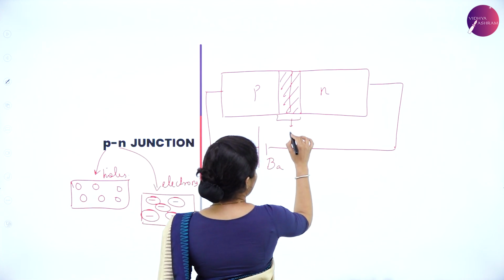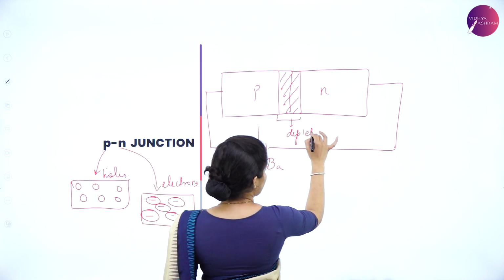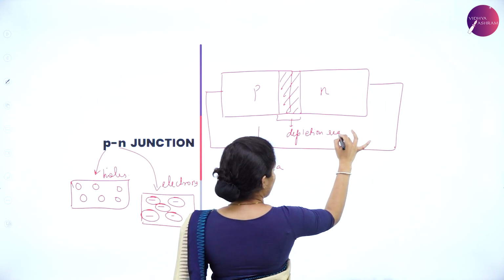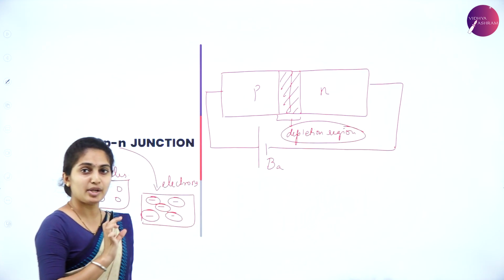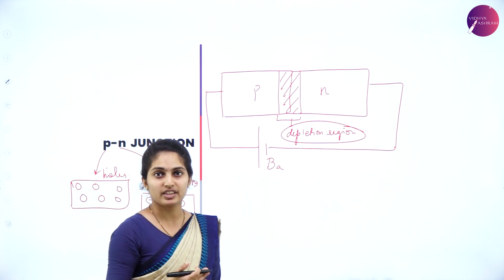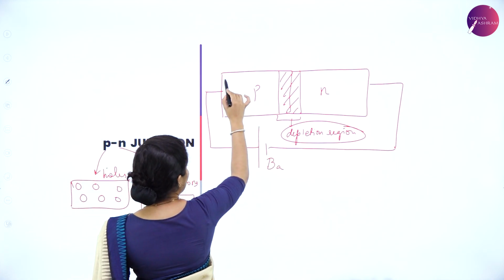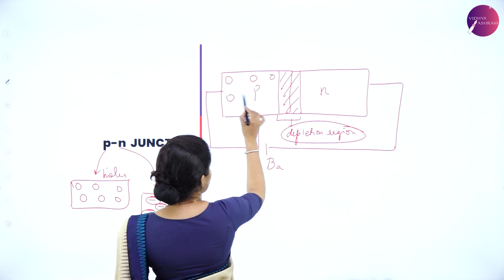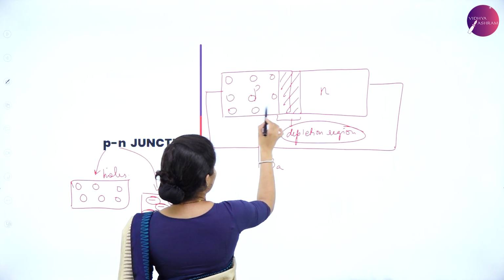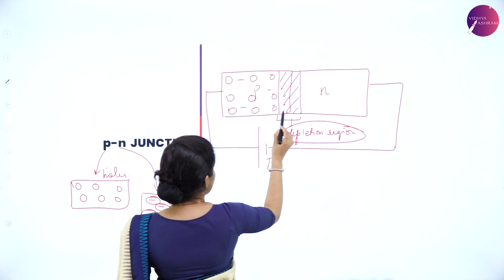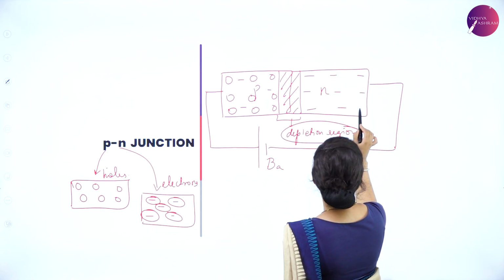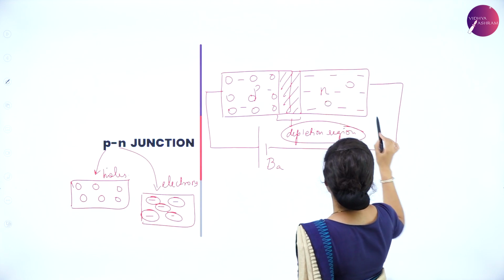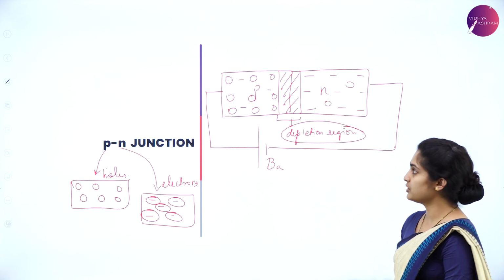This region is called the depletion region. The depletion region is the main part where everything happens. In p-type, the majority charge carriers are holes and minority charge carriers are electrons. In n-type, majority charge carriers are electrons and minority charge carriers are holes. This is how the concept turns out to be.